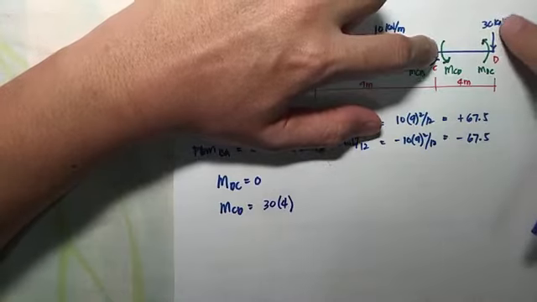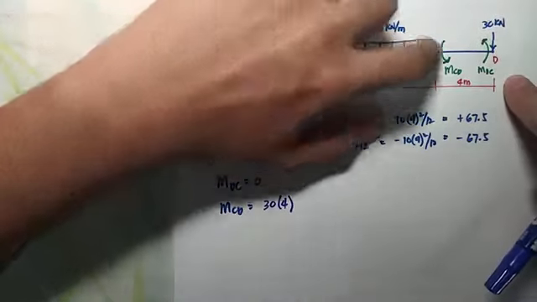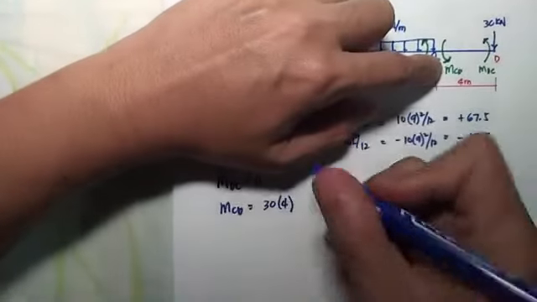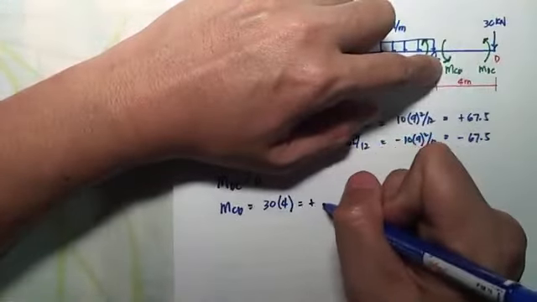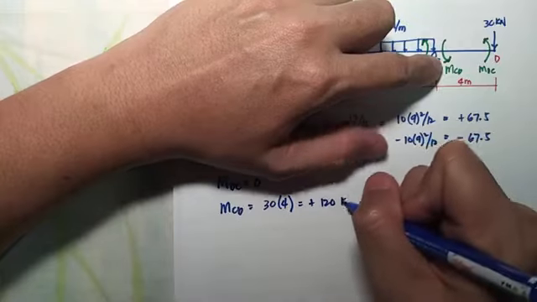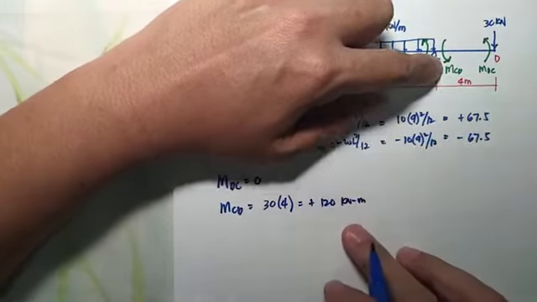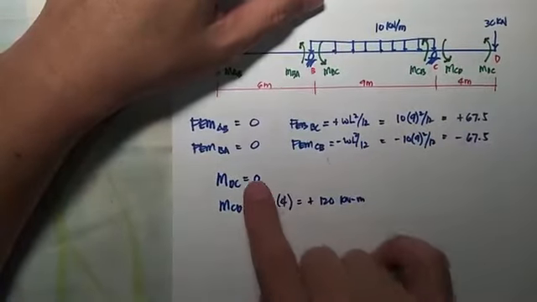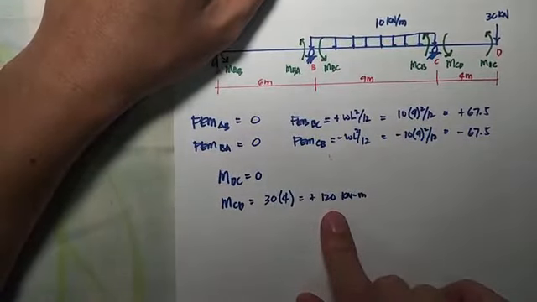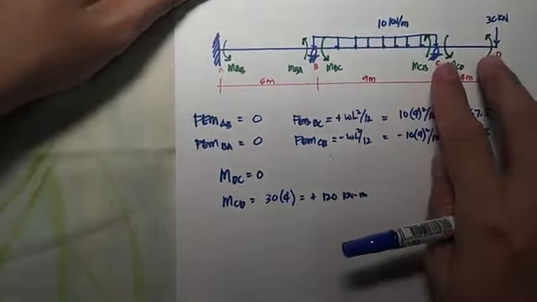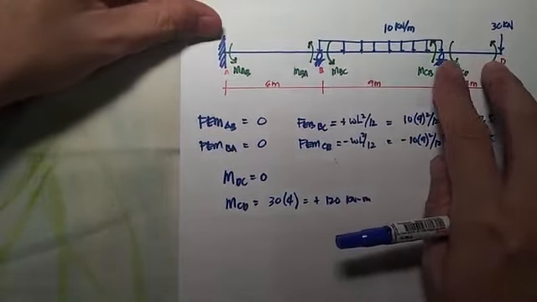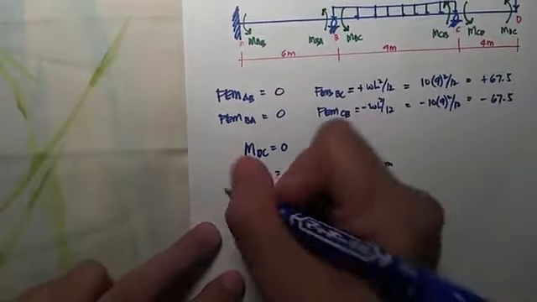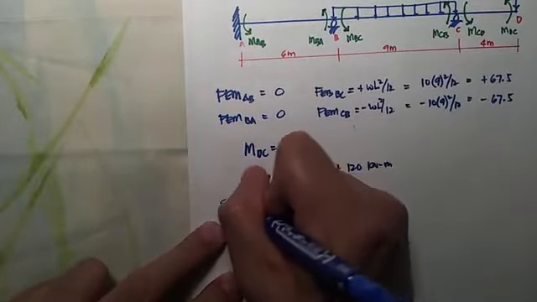The moment due to the 30 is clockwise, so it has to be resisted by a counterclockwise moment, so that would be a positive 120 kilonewton meter. So the moments on the last segment are already known: 0 and positive 120. So we will be focusing our equations on the two segments. Let us write the slope deflection equations.